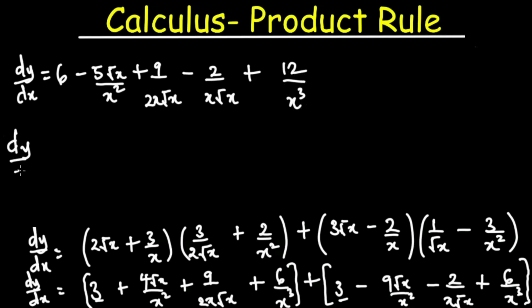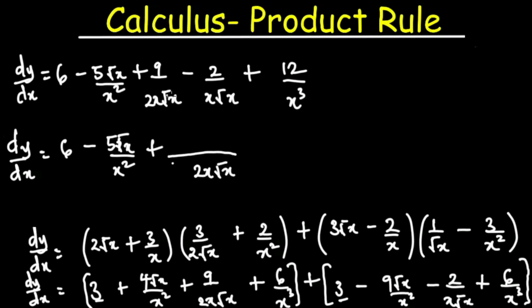So dy/dx will be equal to 6 minus 5 root x over x squared, plus I can decide to take the LCM of this and say this is 2x root x, and then this will be 9 minus, here x with x cancels out, I'm left with 2 times 2, 4, plus 12 over x cubed.